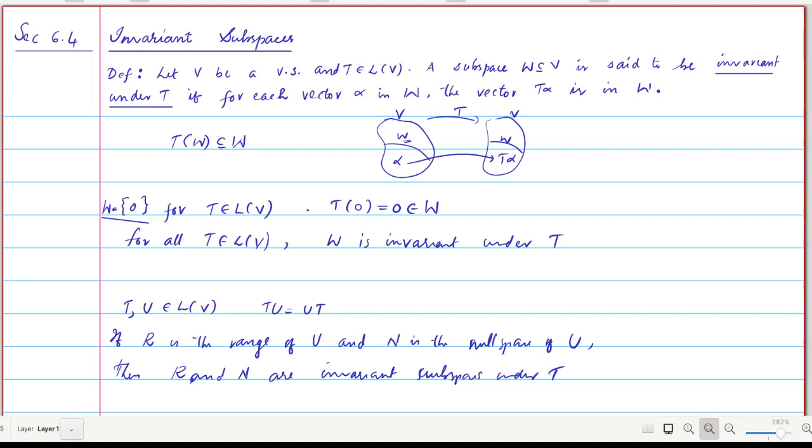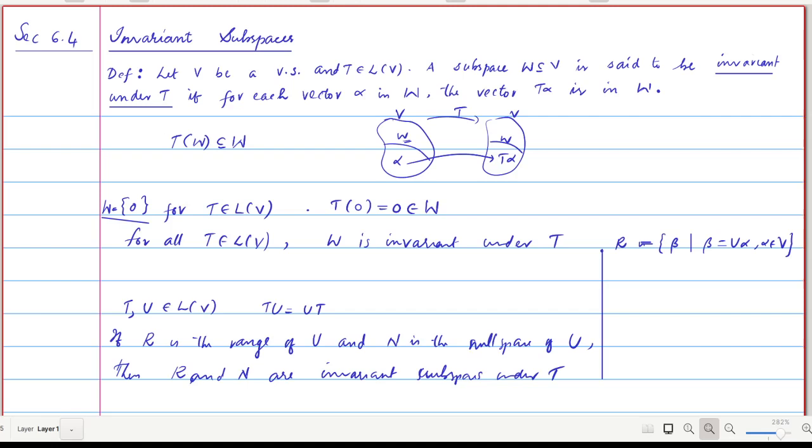That means if T commutes with U and we take the range and null space of U, then both will be invariant under T. First you take the range R. R consists of the set of all beta such that beta is equal to U alpha for some alpha belongs to V. This is the definition of the range, and we will prove that R is invariant under T. To prove this, we need to show that the image of any element of R is again in R itself.